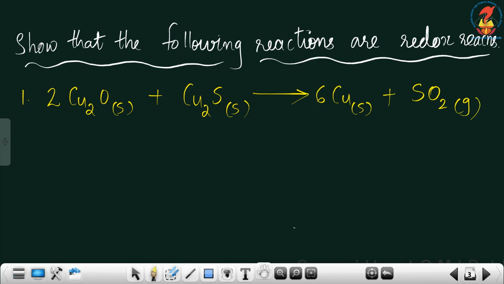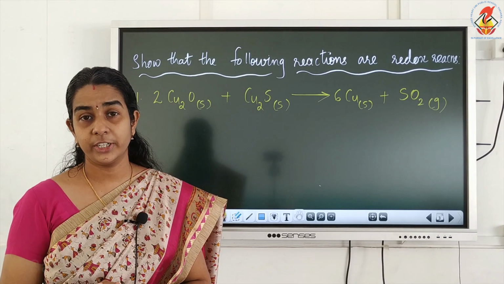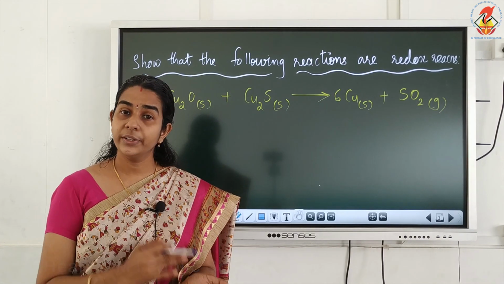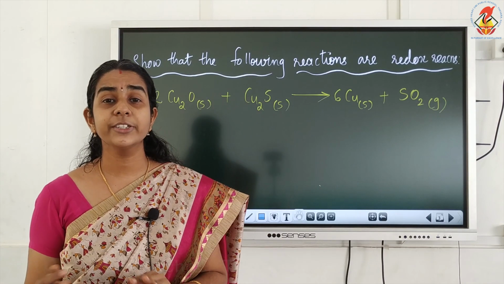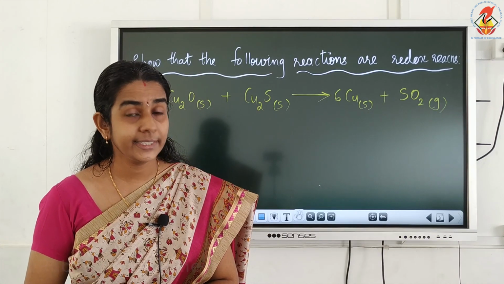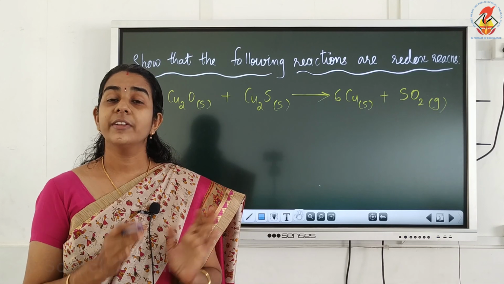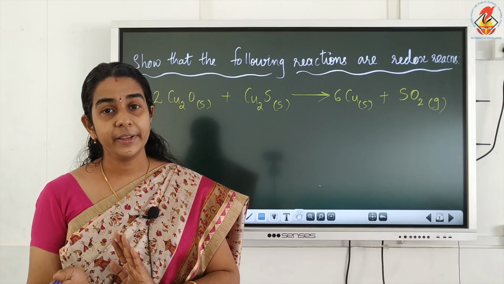One equation will be given, and the question will be to show that the following reactions are redox reactions. We know redox reactions are where oxidation and reduction take place simultaneously. Where there is oxidation, there will be reduction also.